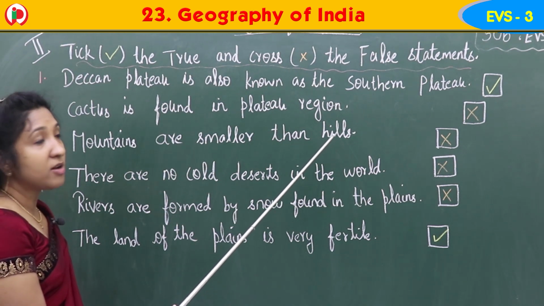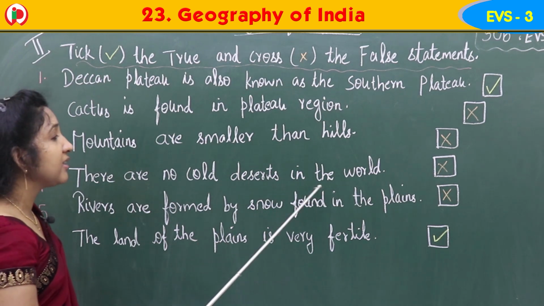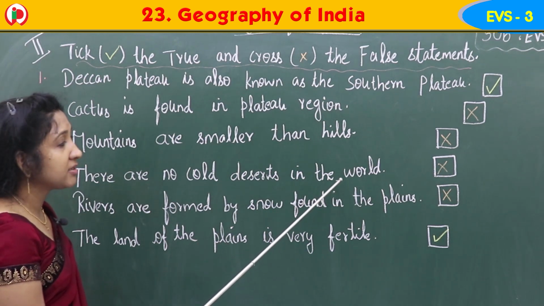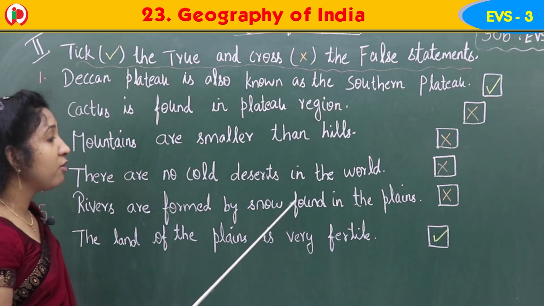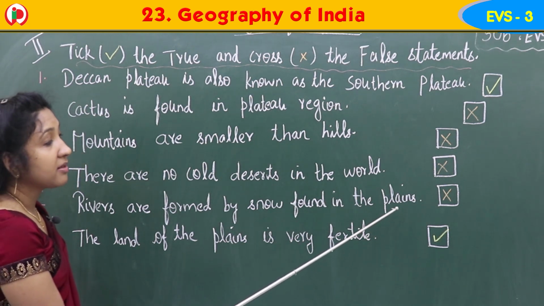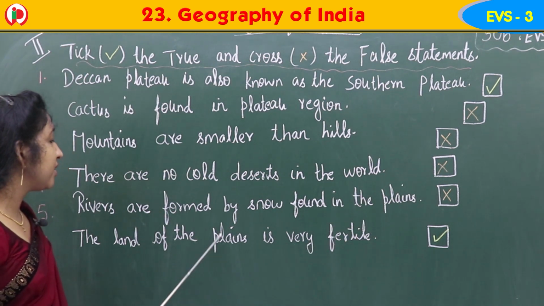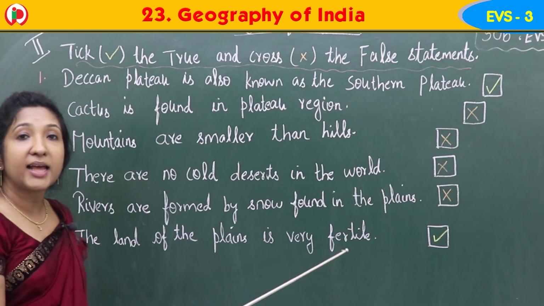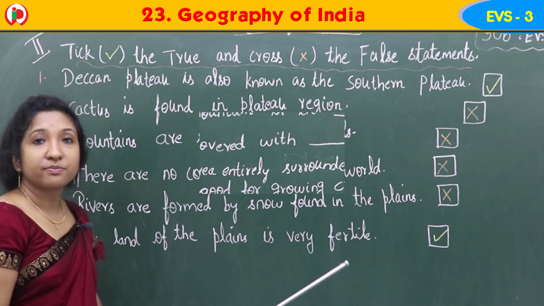No, it is a false statement, so cross. There are no cold deserts in the world. Again a false statement, so cross. Rivers are formed by snow found in the plains. It's a false statement, so cross mark. The last one, the land of the plains is very fertile. It is a true statement, so give a tick mark.